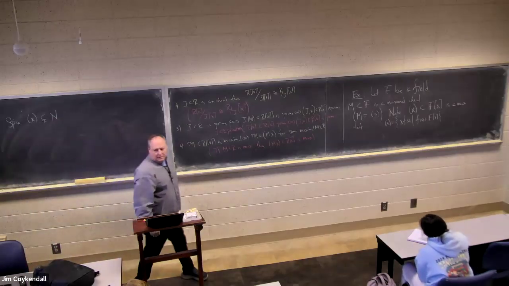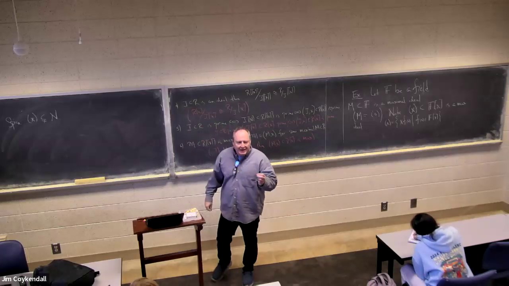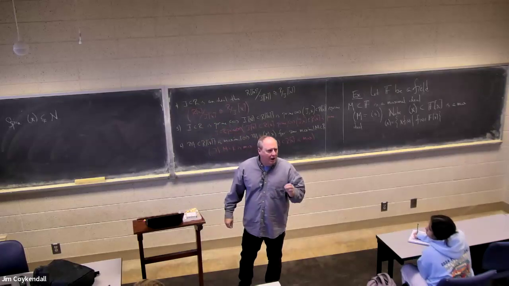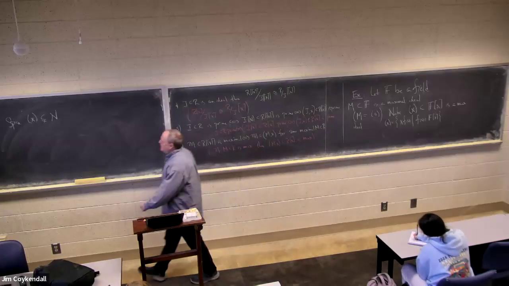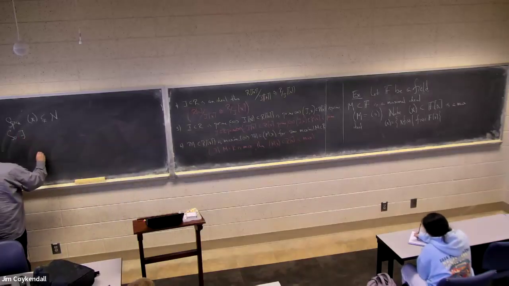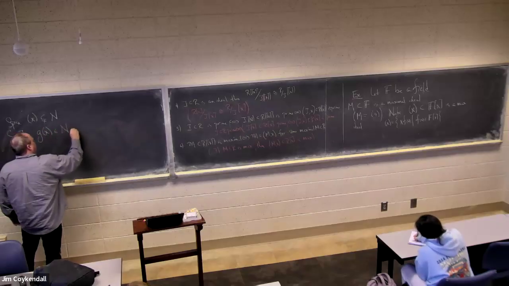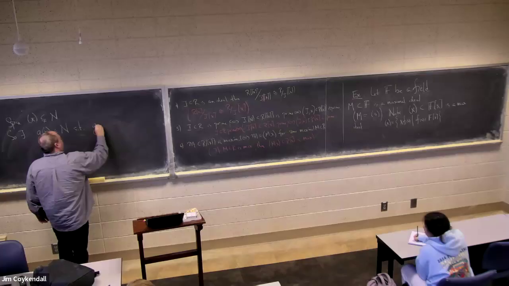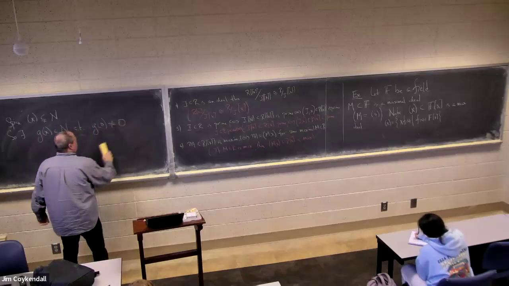Suppose there's a bigger ideal N. Then there has to be something in N that has a non-zero constant term. Do I agree with that? So there exists, let's say, g(x) in N such that its constant term a is non-zero.